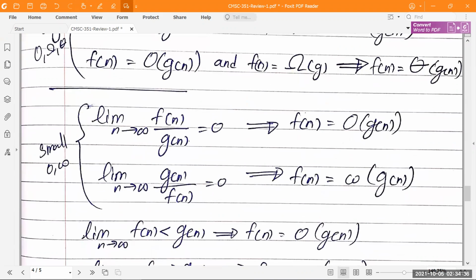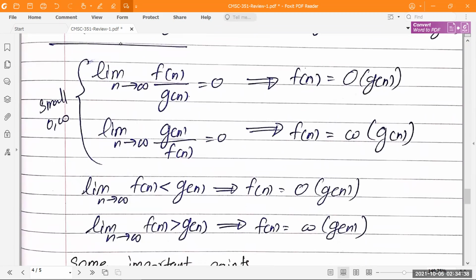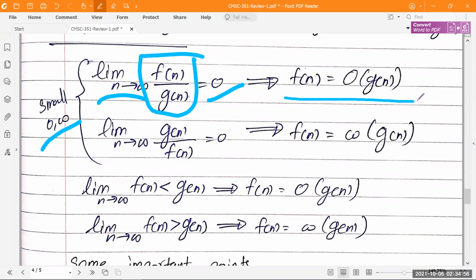Let's go into some other definitions, which are small o and small omega. We define small o when the limit, as n goes to infinity, of f(n) over g(n) goes to 0; then f(n) is small o g(n). And when the limit as n goes to infinity of g(n) over f(n) goes to 0, f(n) is small omega g(n).